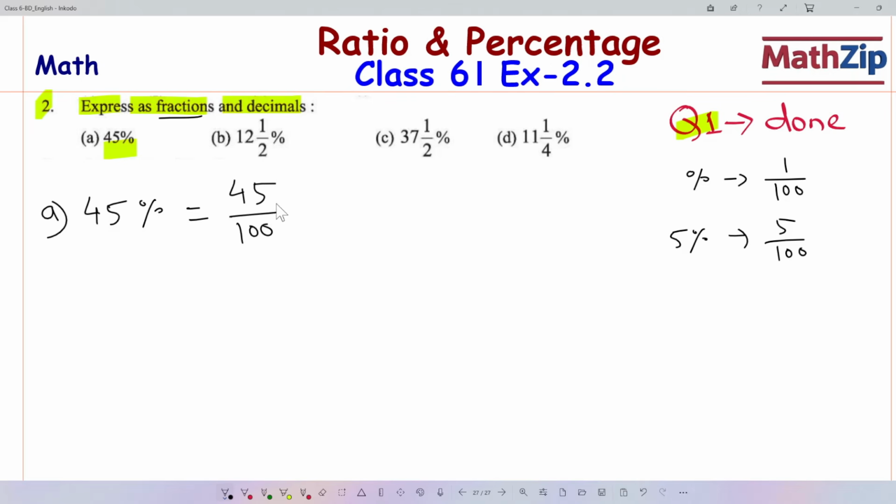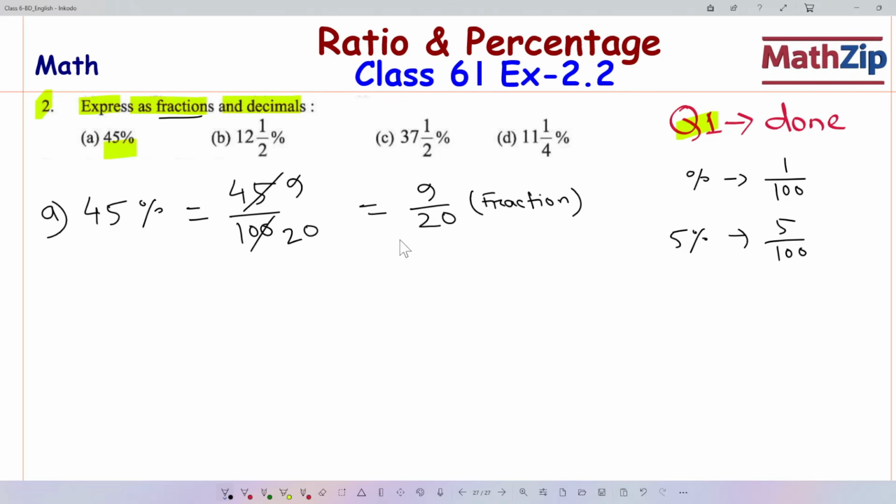We can divide 45 by 5 and get 9, and divide 100 by 5 and get 20. So our answer is 9 by 20. This is the fraction.